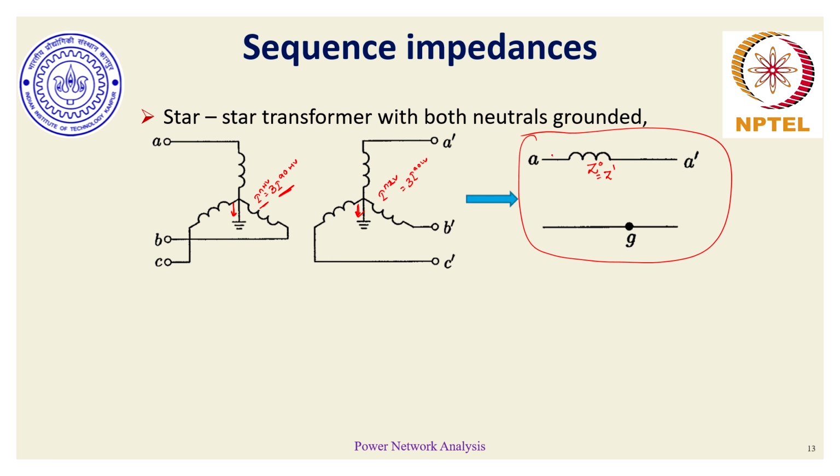If zero sequence current can flow on the HV side, a similar current can also flow on the LV side. There is a possibility of zero sequence current to flow through the zero sequence impedance.